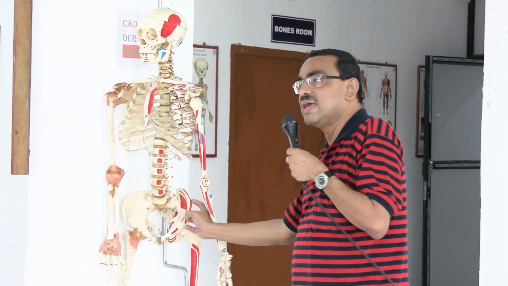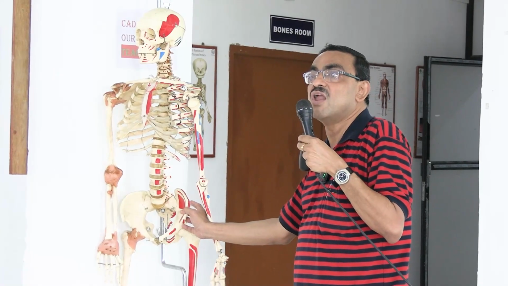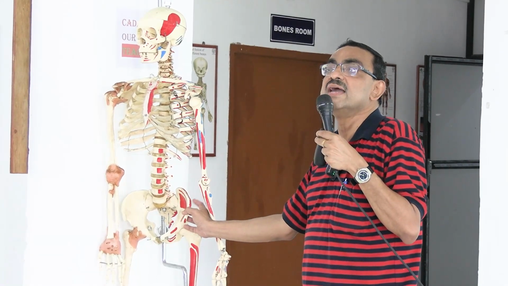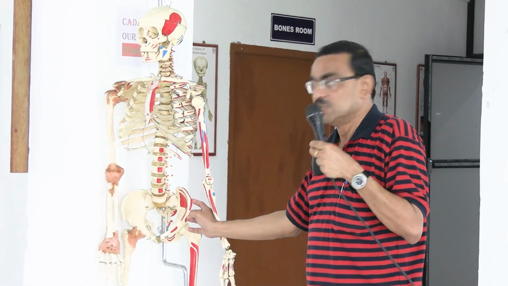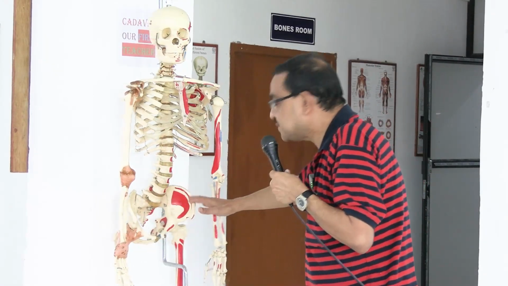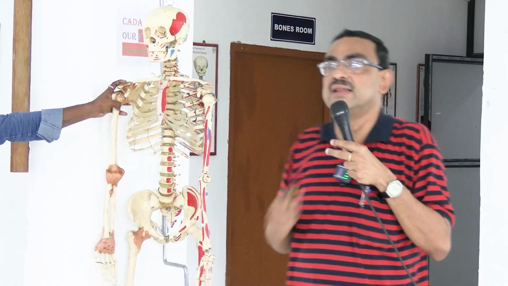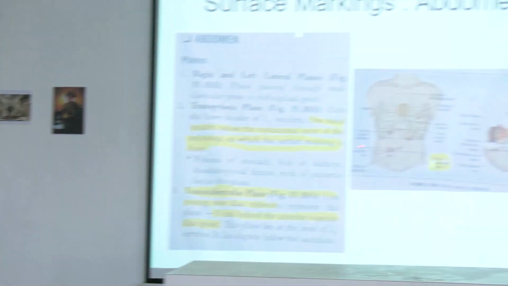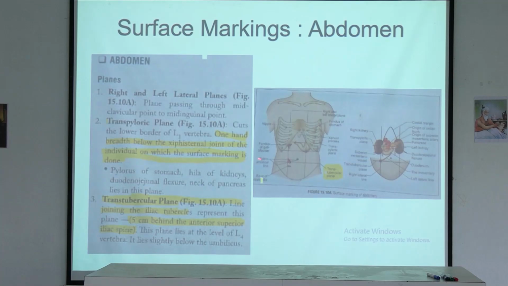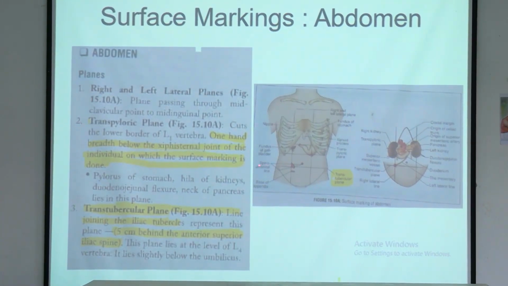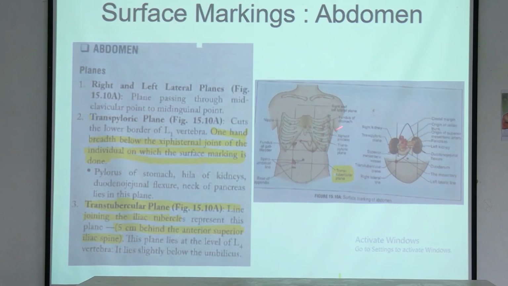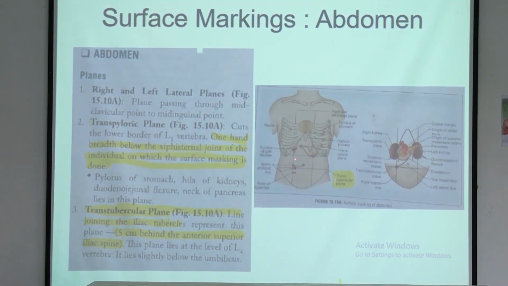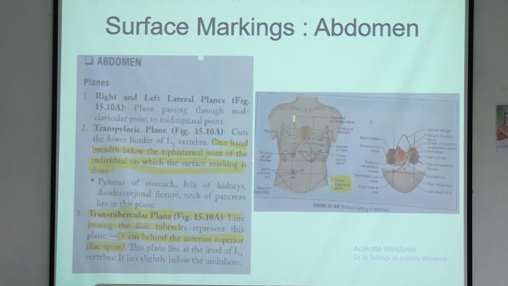And there we will get a tubercle which is called the iliac tubercle. So the plane passing through this iliac tubercle is called the transtubercular plane. So by this we can divide the abdomen into different quadrants.